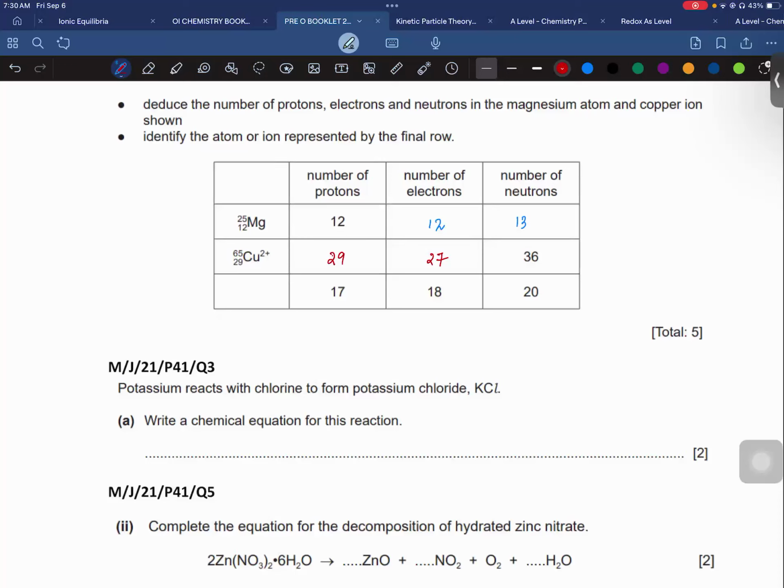Proton number is going to tell you the identification of an element. If the proton number is 17, you can see the periodic table. What's the element whose proton number is 17?